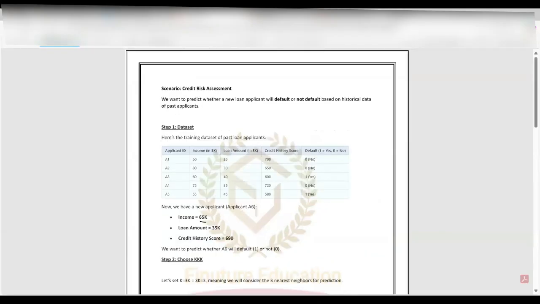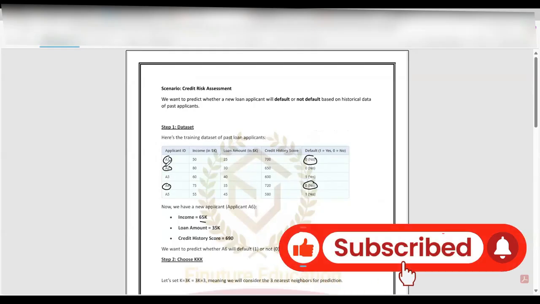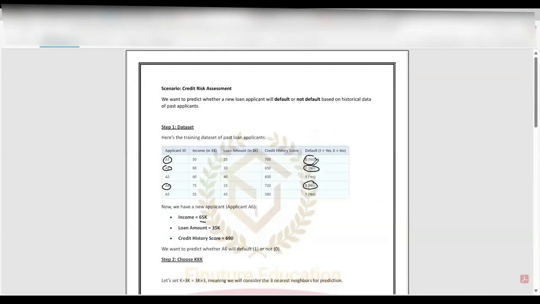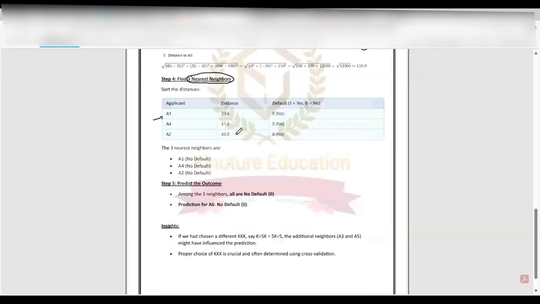So when you give input, what the model notices is for A1, there was no default. For A4, there was no default. And for A2 also, there was no default. And you took k is equal to 3, so the ascending order that you will do is till the third data point.